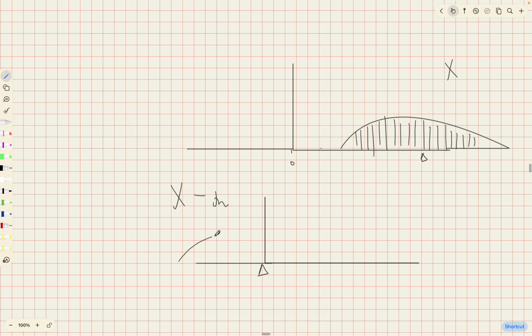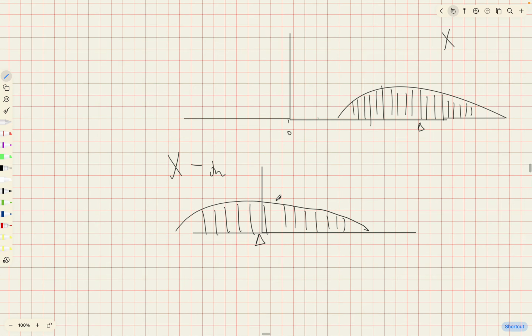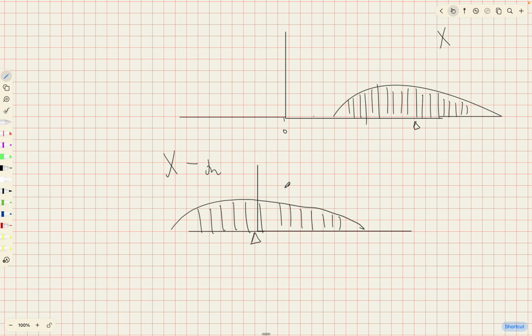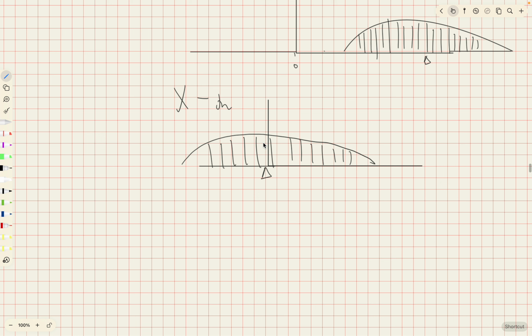So something like that. So the first step of our standardization process, we basically subtracted the mean from every value of x. And if we plot the distribution again, we will wind up with something like that, the one that you're seeing below.